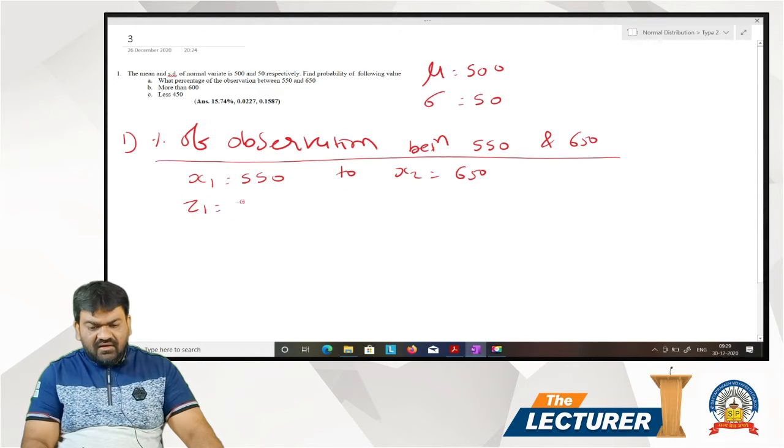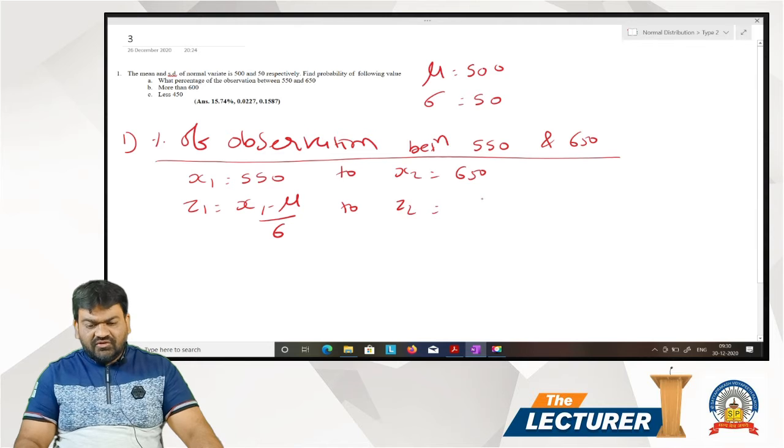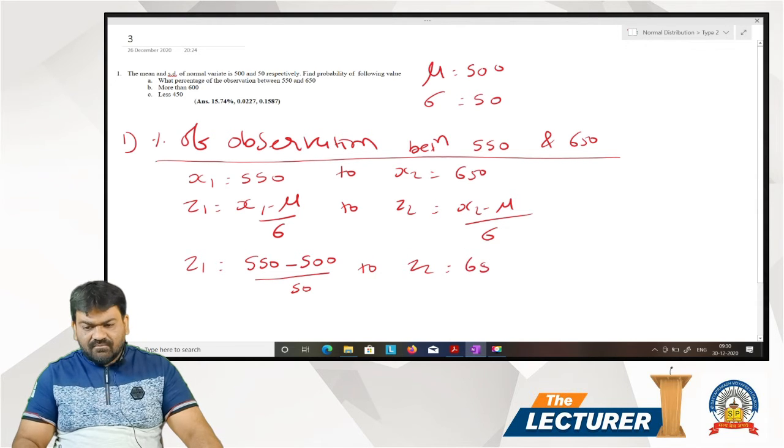Convert x into z. Z1 is equal to x1 minus mu upon small sigma, and z2 is equal to x2 minus mu upon small sigma. Z1 is equal to 550 minus mu 500 divided by 50, and z2 is equal to 650 minus 500 divided by 50.